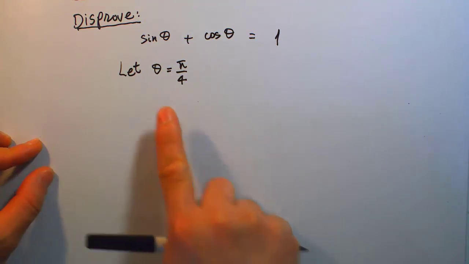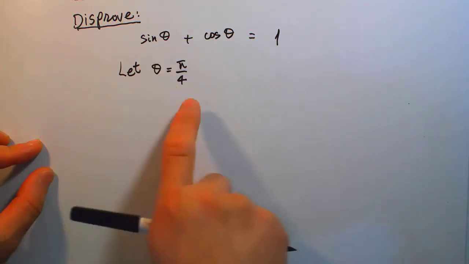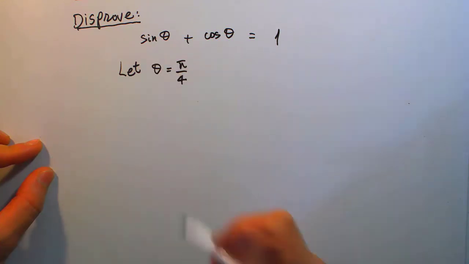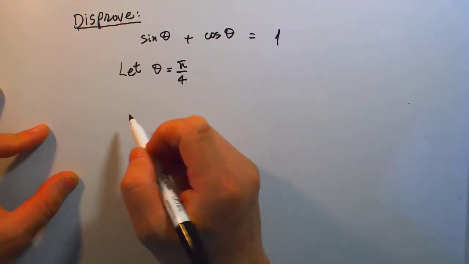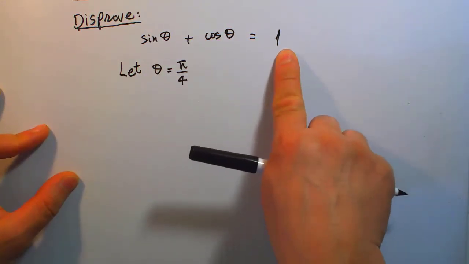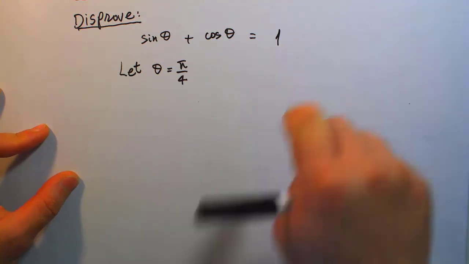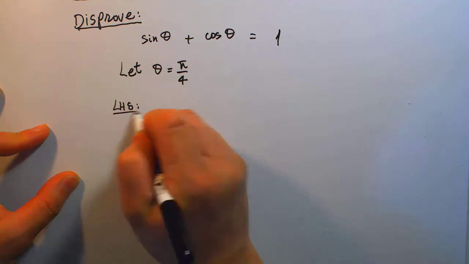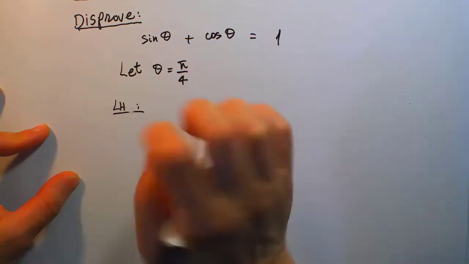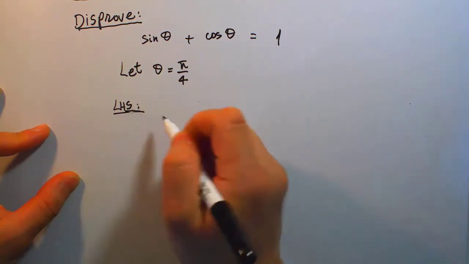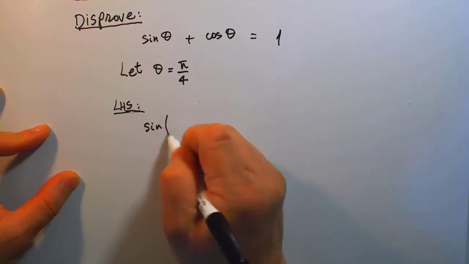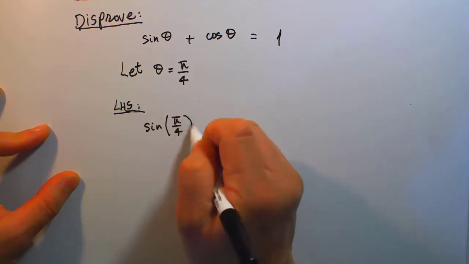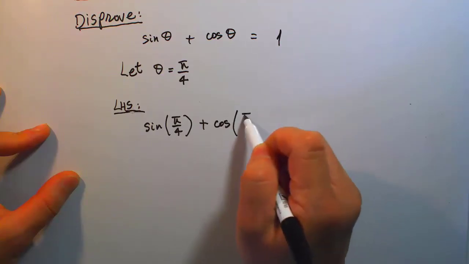We're going to repeat the same work right here. Let's substitute this value into the left-hand side, since the right-hand side doesn't even have a place for us to substitute the variable. So the left-hand side is sine of pi over 4, substituting in for theta, plus cosine of pi over 4.